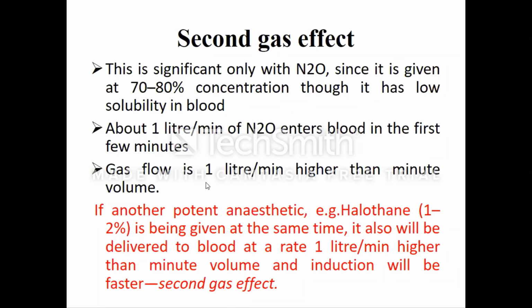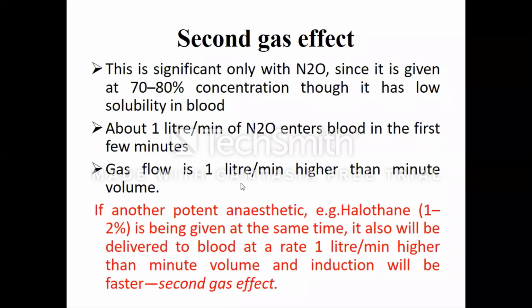If you compare this figure, it is higher than the minute volume. So if another potent anesthetic like halothane is given along with it at the same time, it will also be delivered to the blood at the same rate at which the nitrous oxide is getting delivered, and that will also be higher than the minute volume.